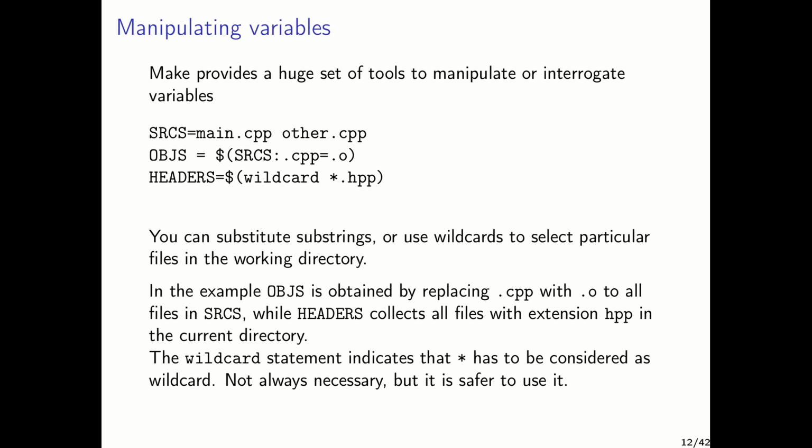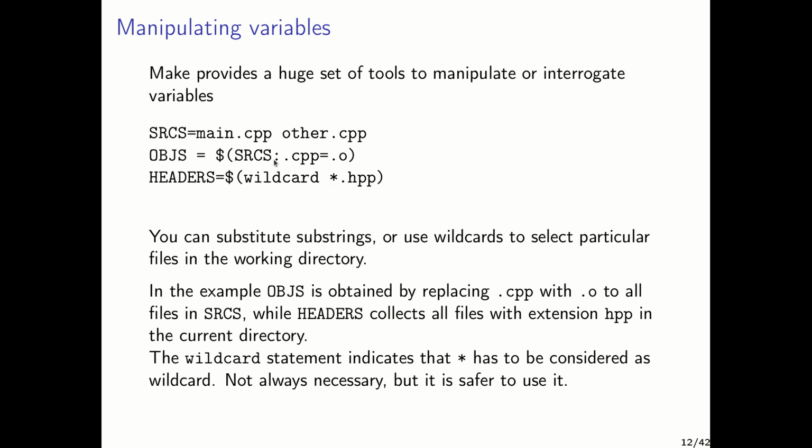Variables can be manipulated in many ways. There are a lot of tools. I'm not going to explain all of them here, but only some that are quite useful. For instance, sources is a variable that contains the names of these two files, main.cpp and other.cpp. You want to have the corresponding object file, that is just replacing cpp with .o.